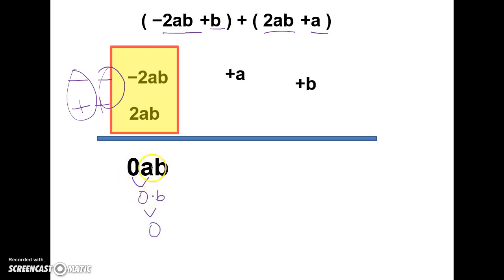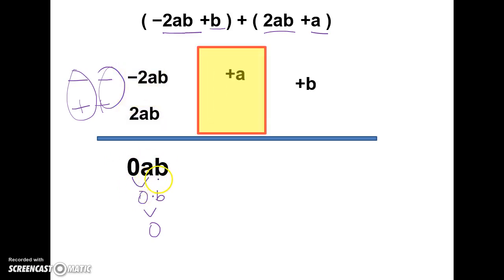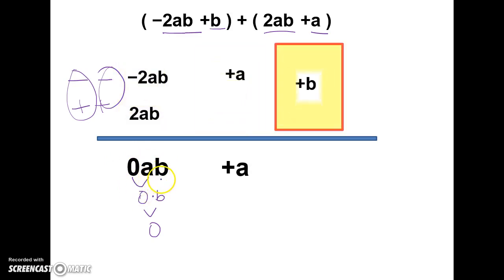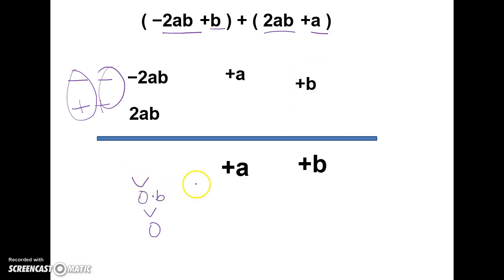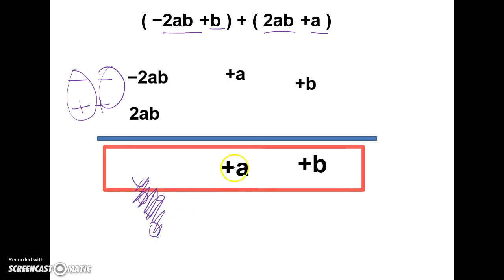So really, this doesn't even need to be here since 0 is nothing, essentially. Again, there's one A, one B. Now, a lot of students are like, wait, would I keep my answer like this? Remember, this is going to end up being nothing, so you don't need to have that. That is your answer. And again, you don't have to write it with the plus symbol.